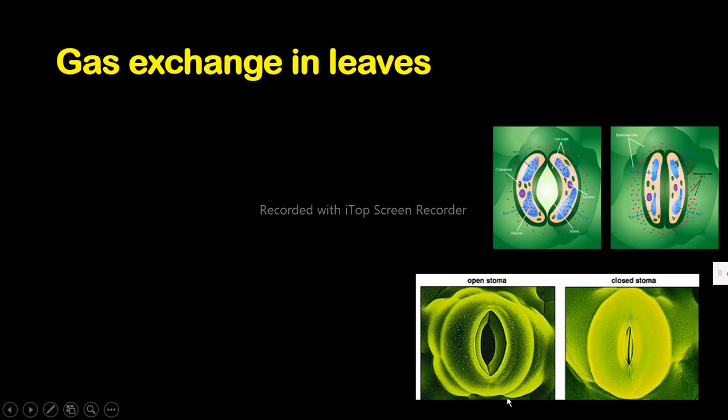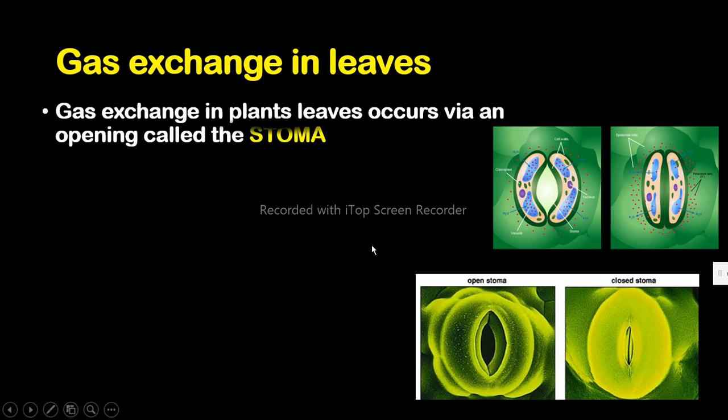So let's talk about leaves and the stomata. So plants, obviously, no, there is nothing obvious. We have said that each part carries out its respiration, its gas exchange. Each part obtains its own gases.